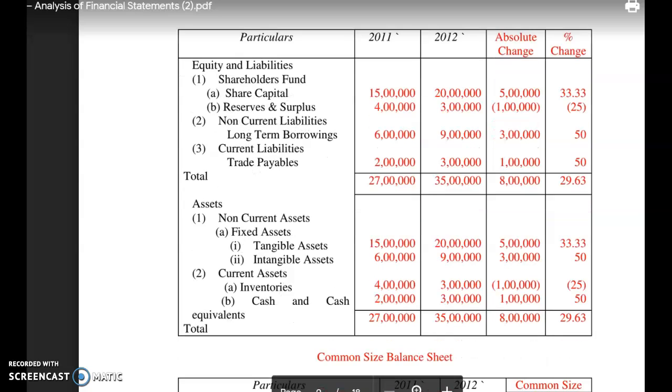As I was saying, the first two columns are already given to you, so you just copy them from the question. In the third column you show the absolute change, and in the last column you find the percentage of change calculated on the basis of the base year amount.